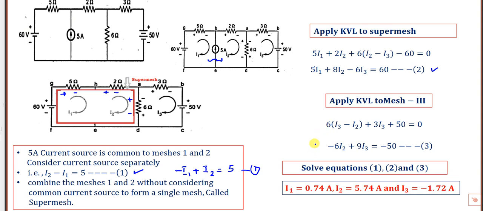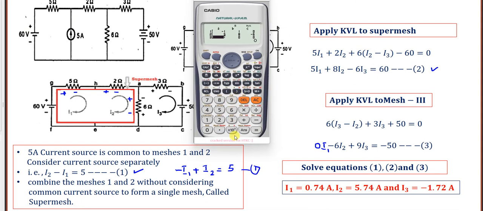I can write here 0 I1, and again here also I can write plus 0 I3. Okay. 0 I1 minus 6 I2 plus 9 I3 is equal to minus 50.